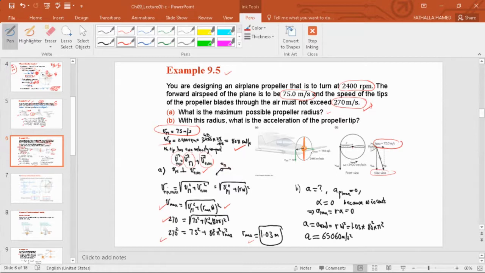Now, in part B, with this radius, what is the acceleration of the propeller tip? Well, you know that your acceleration will have two components, right? It will have the A tangential plus the A radial.